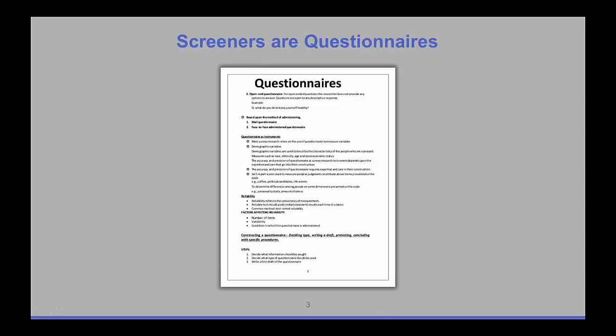In order for us to do a really good job writing screeners and making sure that we get the right people into our qual work, which is so critical, each respondent is enormously expensive and enormously influential in terms of how we think. We need to be trained really on the science and art of writing good questionnaires.